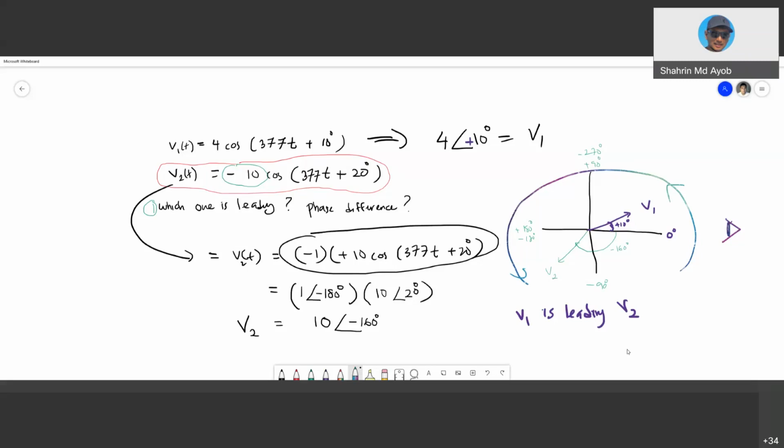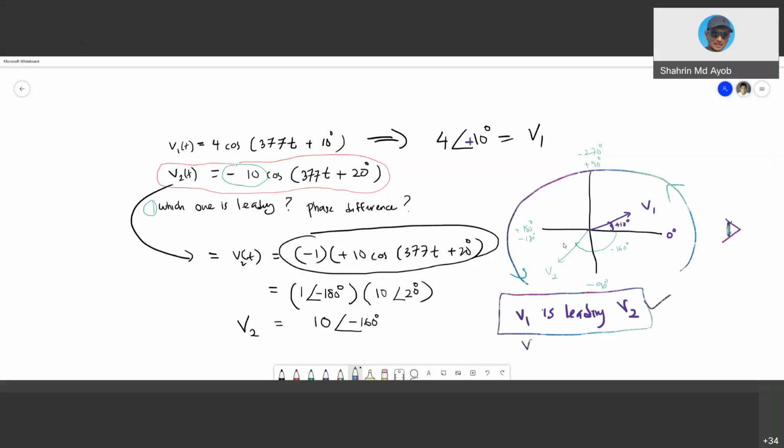Is it logical? Yes, Doctor. Because if I put my eyes here, I cannot tell which one is leading, since I will see V2 first and then V1. But why do I say V1 is leading? This is the correct answer actually.